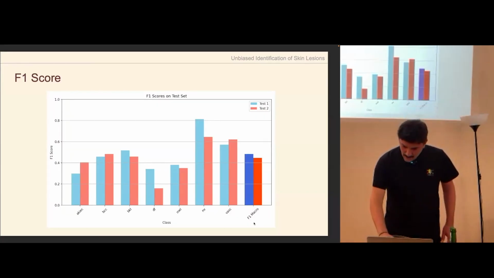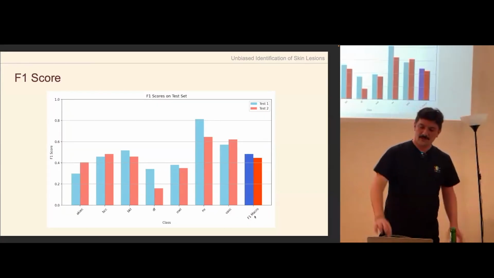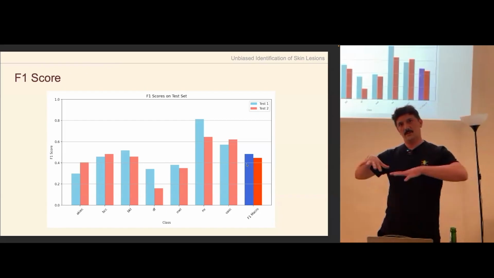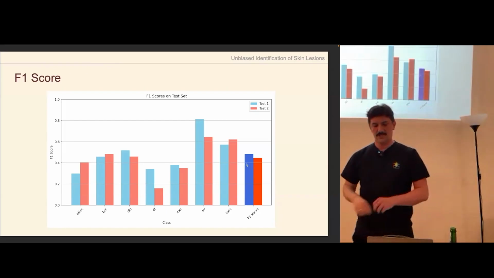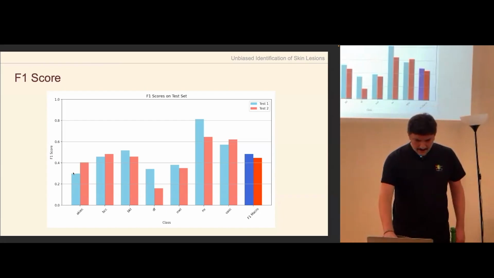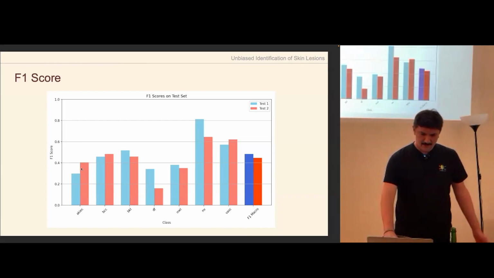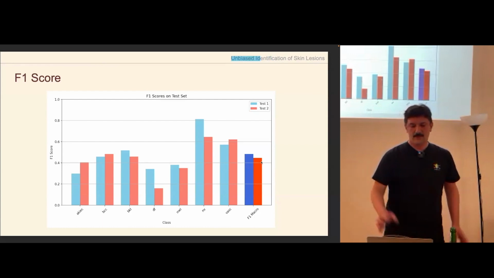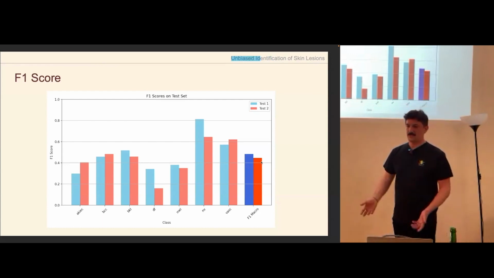As you can see from the F1 macro, which is kind of the average across all classes, there is a small decrease in performance after fine-tuning the model with the neural style transfer images. Weirdly, for some classes there was even an improvement, but for others a very strong decrease in performance. And for melanoma, it was about the same as the average, so a small decrease.